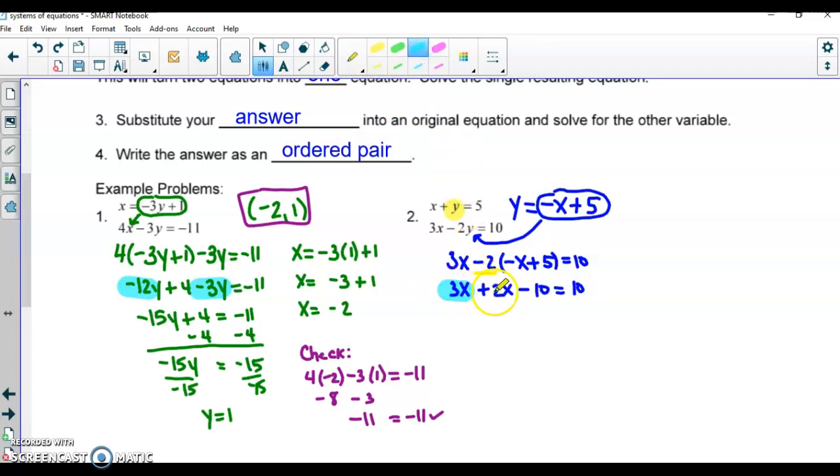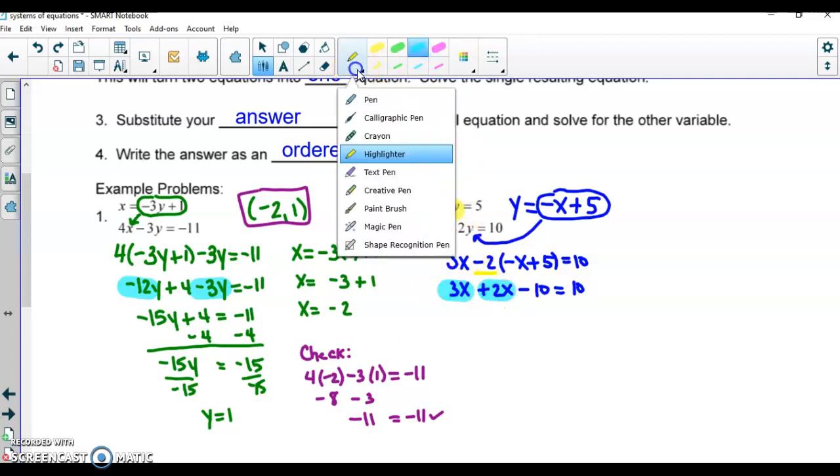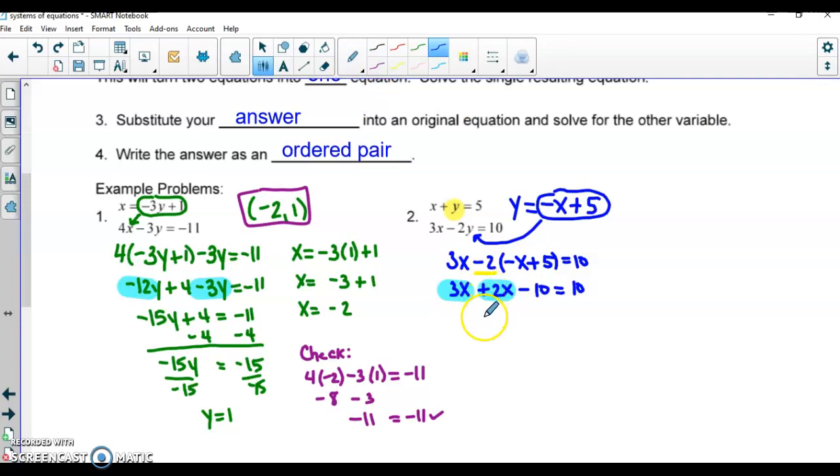So I see I have a 3x and a positive 2x, and 3x and 2x is 5x minus 10 equals 10. So we'll add 10 to both sides. So 5x equals 20. Divide both sides by 5 gives us x to be 4.